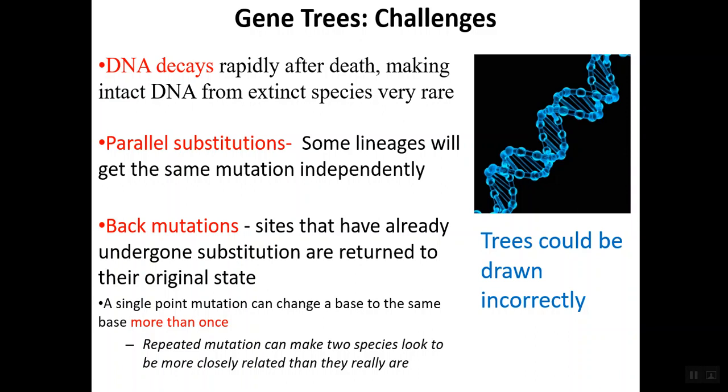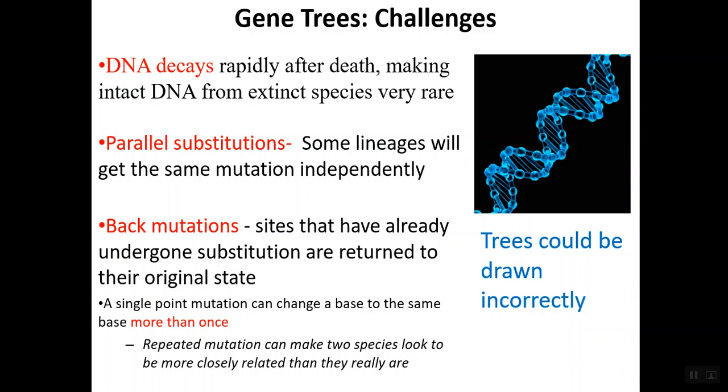Now you are comparing, for instance, two lineages that both present A at that position, and you get the idea that these two lineages have common ancestry, very close together because they show the same letter at that position, but in reality that has been the result of back mutations.